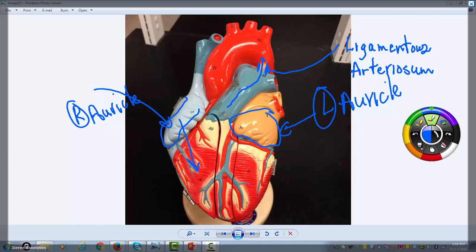But when a baby is born and the doctor slaps him on the butt, the kid takes a big deep breath and goes, what the? Because you just got born and then you're getting beat up. So the baby takes a big deep breath, and that over time closes this off. When the baby breathes, that opens up the left and right pulmonary arteries, so blood will no longer go through this structure, and it becomes a ligament that anchors the aorta and the pulmonary trunk together. That closes off in the first couple of days after birth.